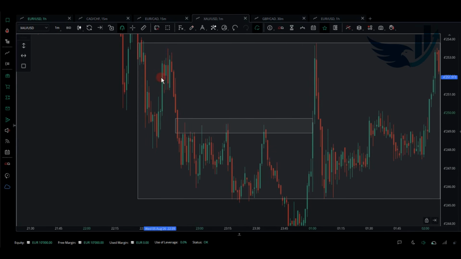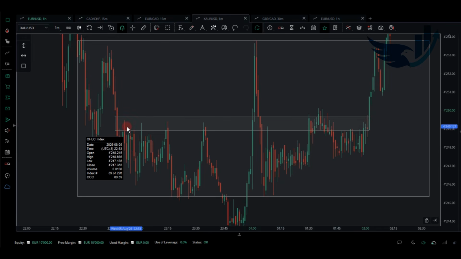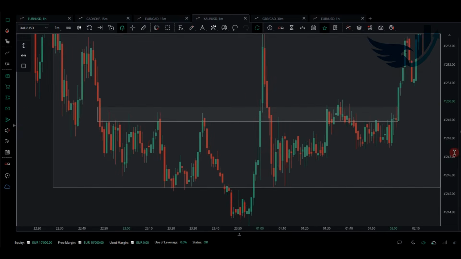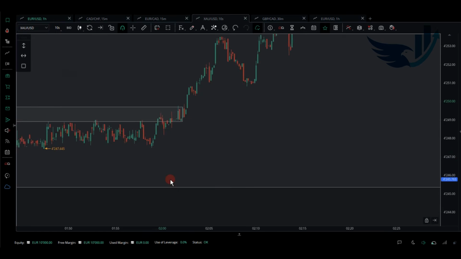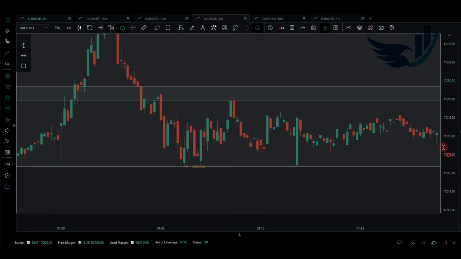Since I cannot see any other holder kings, I will extend my holder king to find the MPL, the last final zone that we're gonna take to put our orders, right? So here, again, I change the time frame and I check.